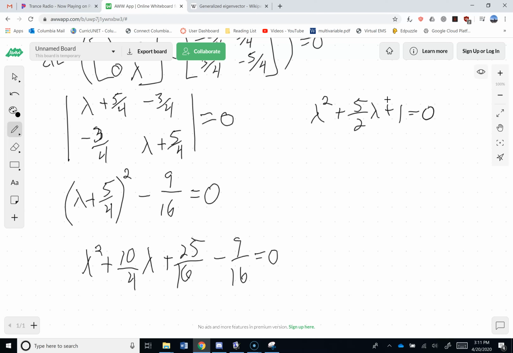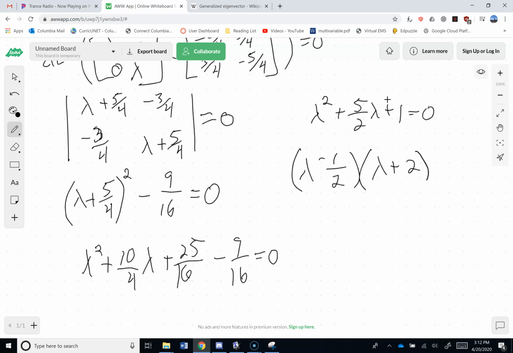And then what? Factor that. What do you get when you factor this? 1/2 and 2. Yeah. So that would be lambda minus 1/2 times lambda plus 2? That's not right.